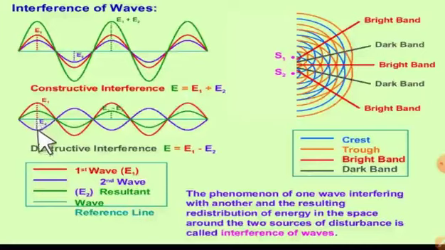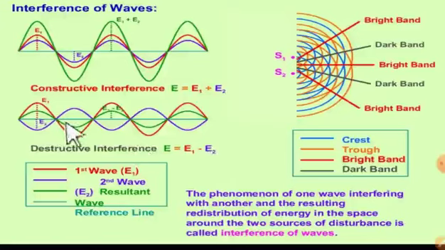What happens at this time? The resulting wave, denoted by the green wave here, is less than either of these waves. The amplitude of the resulting wave reduces, and it is given by the difference of the amplitudes of the two waves, so E1 minus E2. Got it?